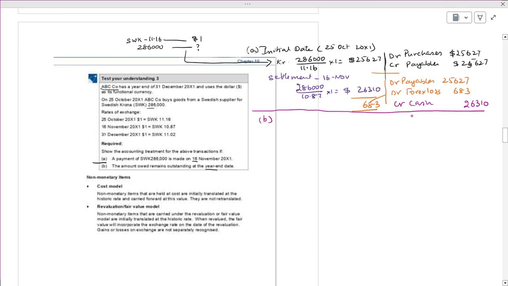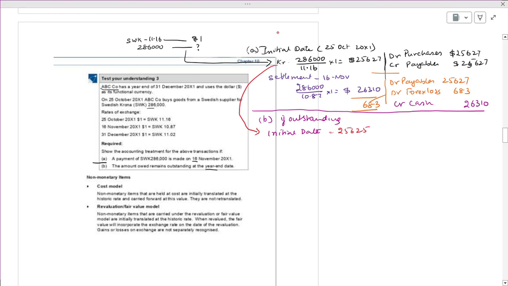B. If outstanding. Is it right? If outstanding, the initial date will remain the same. How much? 25627.